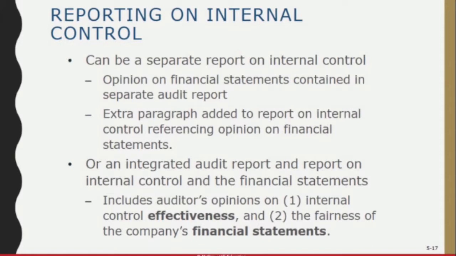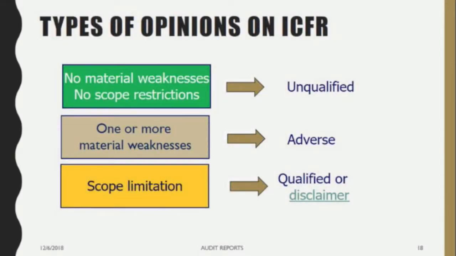So in terms of the opinions, similar to the report on the financial statements, a clean opinion, unqualified, standard, unmodified opinion, says that internal controls are effective. So there are no material weaknesses identified, no scope limitations.